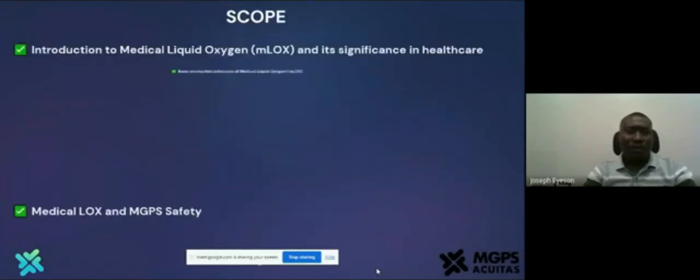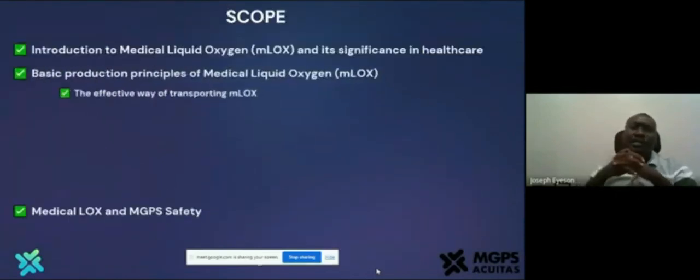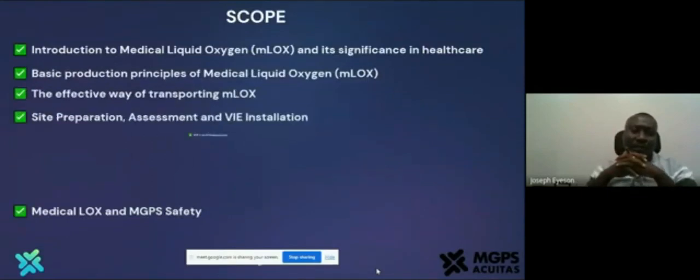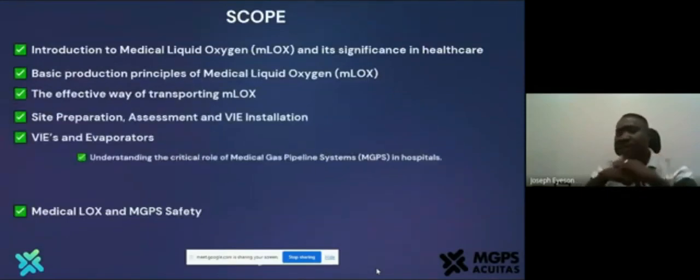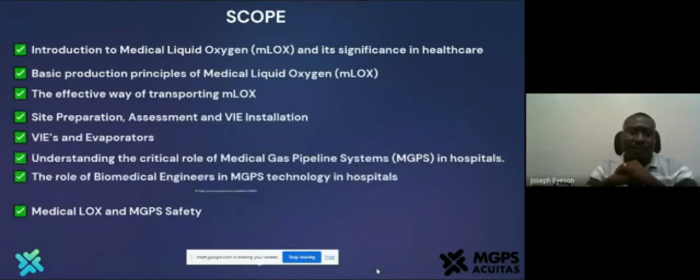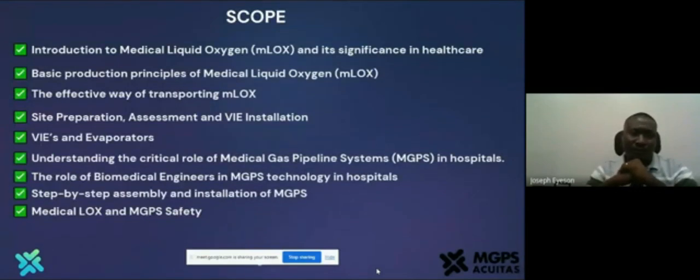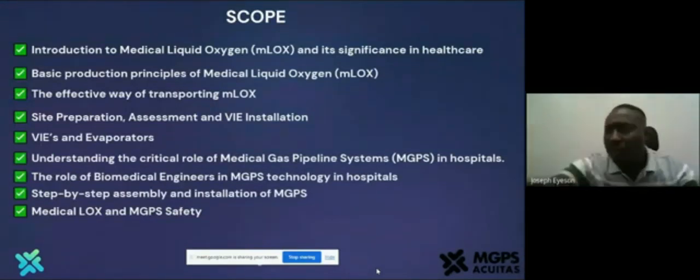Our scope today is going to be an introduction of medical liquid oxygen, which in short we're going to call mLOX. We're going to look at the basic production principle of LOX, how we get LOX, the effective way of transporting the LOX, and the site preparation when it comes to the VIE tanks, the VIEs and the evaporators.